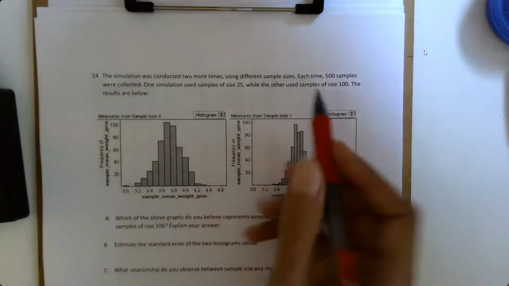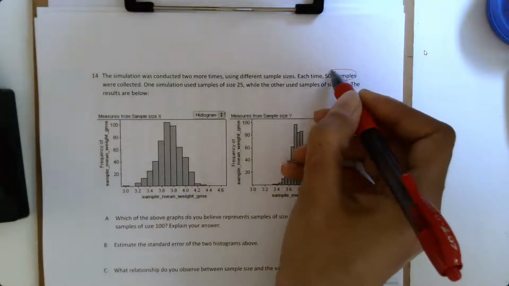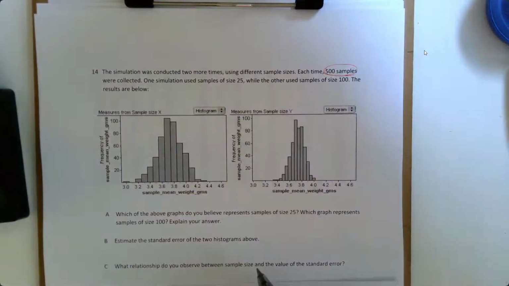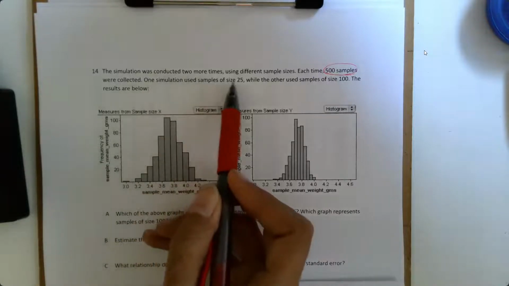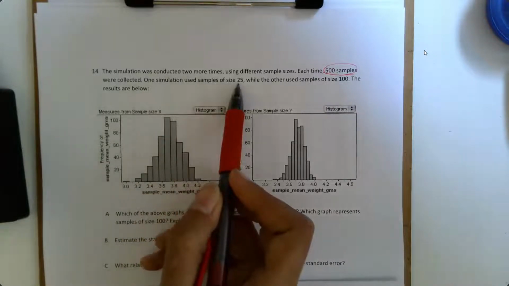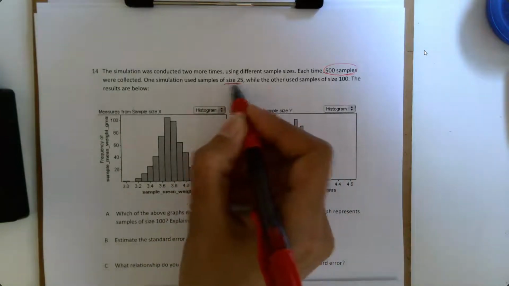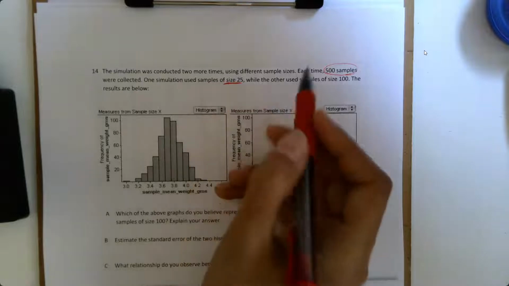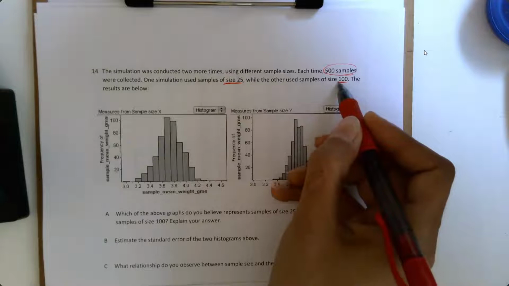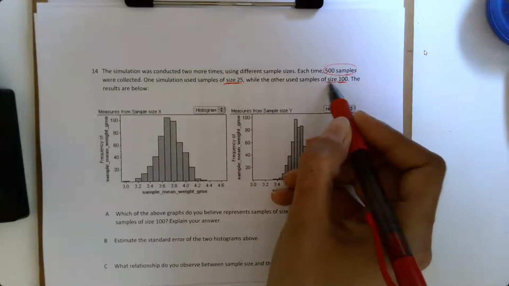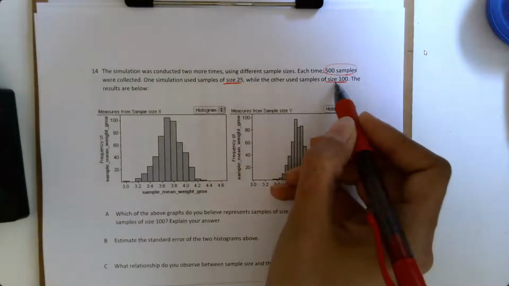One simulation used samples of size 25, only 25 in each sample. And the other simulation used samples of size 100.